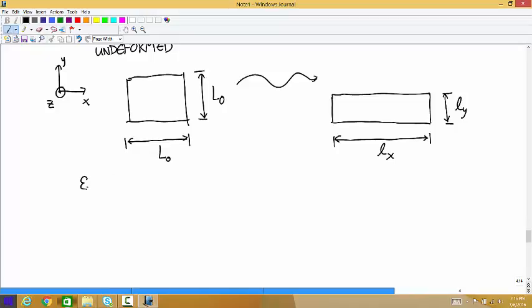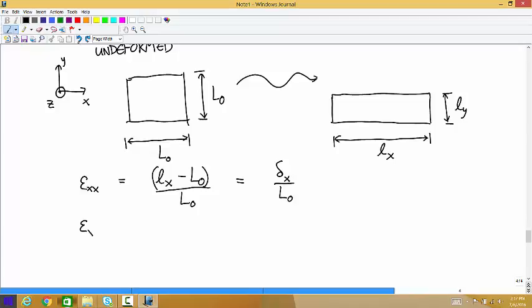Then the strain epsilon xx is equal to lowercase l sub x minus capital L sub 0 divided by L sub 0. You can also think of this Lx minus L sub 0 as the change in length of that side. So you could also think of this as delta x over L sub 0. And then the other ones are defined the same way.